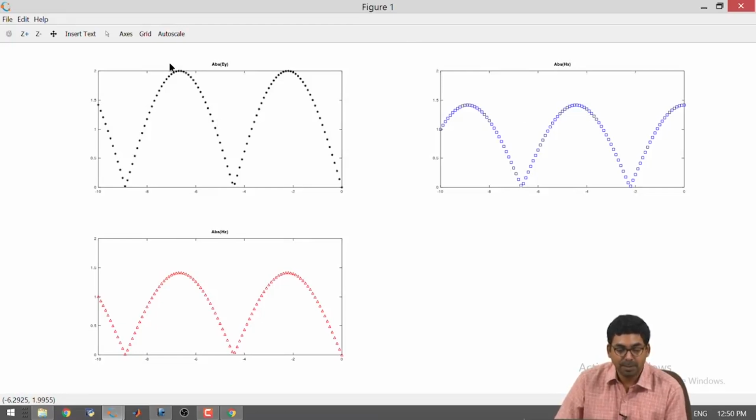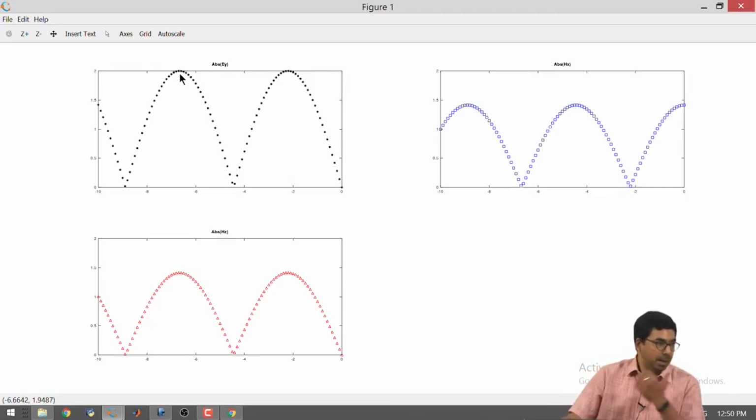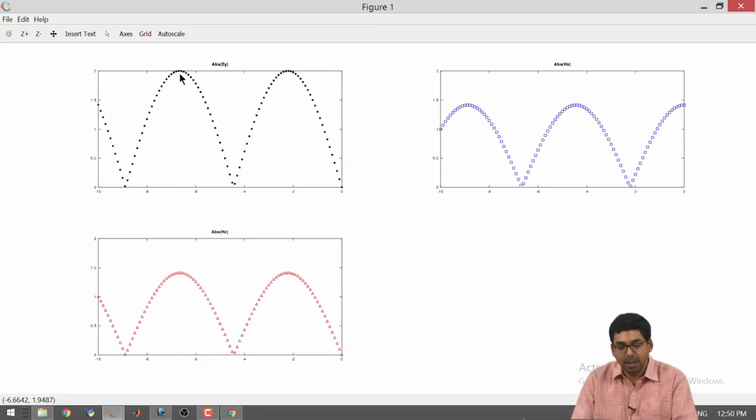At 45 degrees, the peak value of the electric field in medium number 1 is still 2 volts per meter, and I am also having a magnetic field which is 1 by square root of 2 times 1, so it is 1.414 here, 1.414 here.